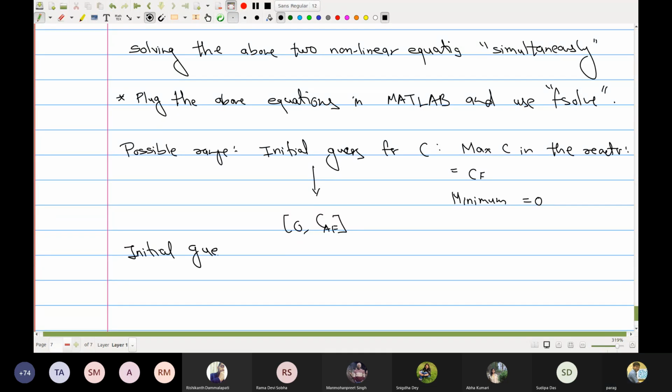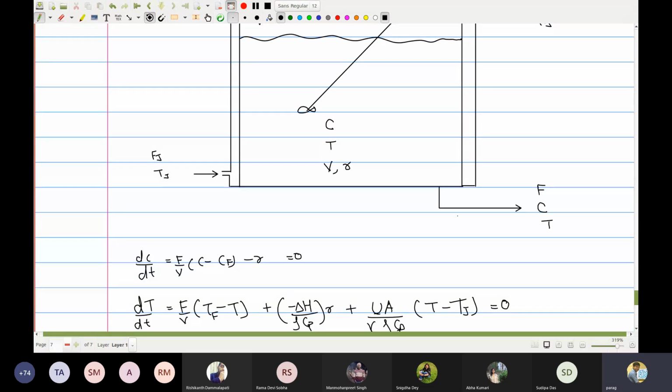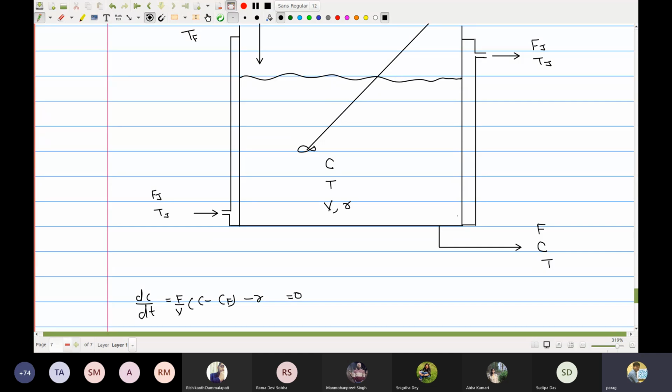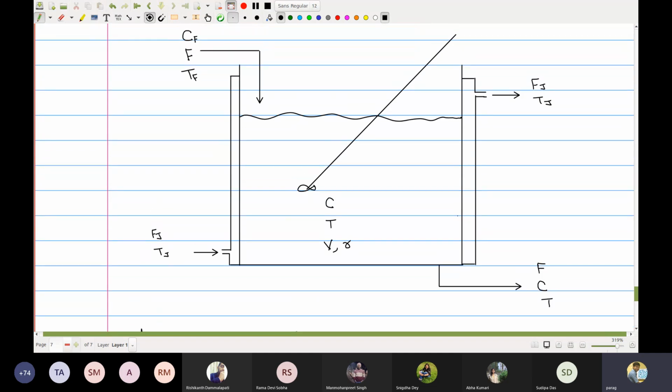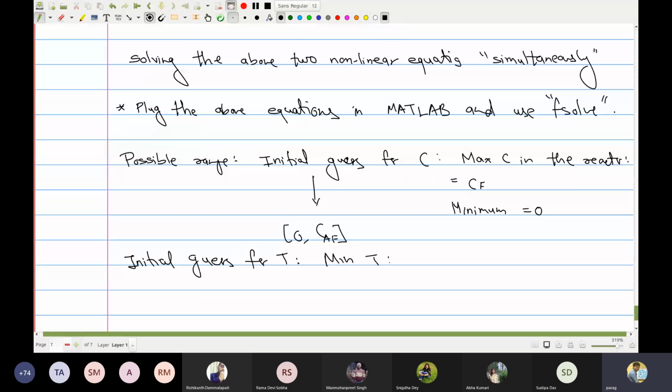What about temperature? Initial guess for temperature. Suppose you have an endothermic reaction and you do not heat the system. What will happen to the temperature of the system? Well, it will go to the room temperature, right?